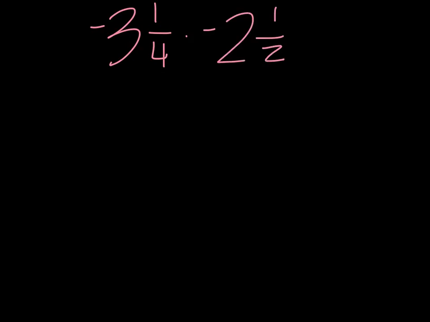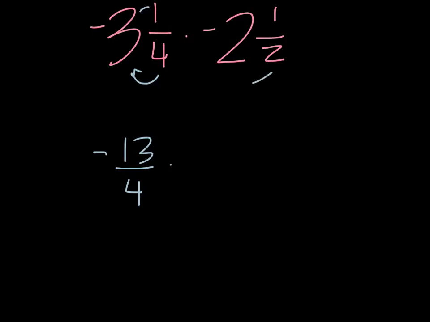Now try a mixed number on your own. Copy down the problem, pause the video, try it on your own to check your answer. Say we had -3 1/4 times -2 1/2. Remember to change to an improper fraction. So we do 4 times 3 plus 1 is 13/4, and that's negative.